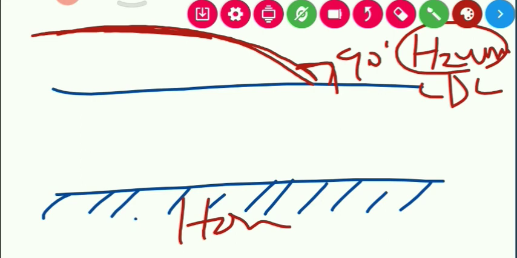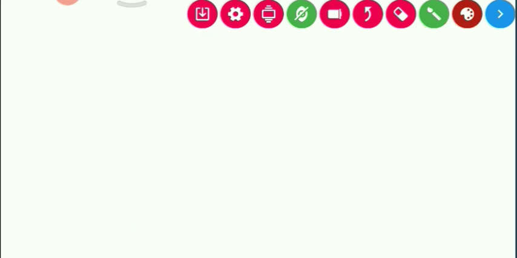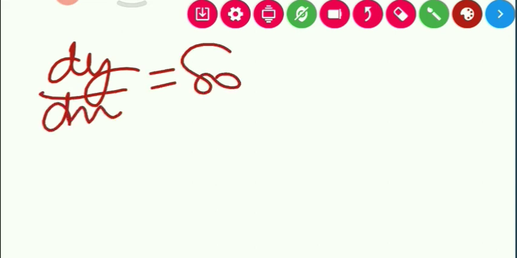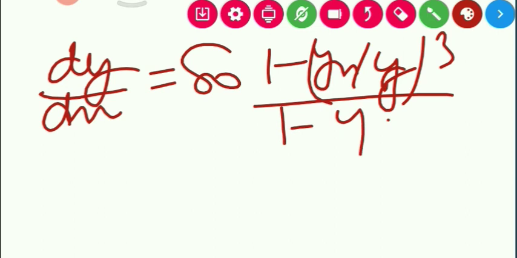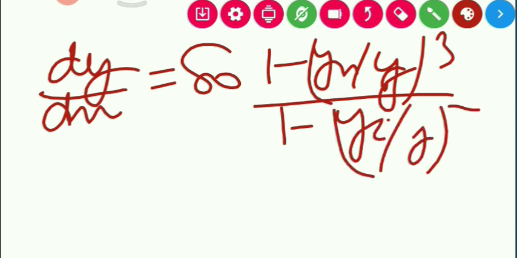Okay, let's see about the profile in zone 3. We have dy/dx equals S_0 into (1 minus (y_n/y) to the power something) upon (1 minus (y_c/y) to the power 3).